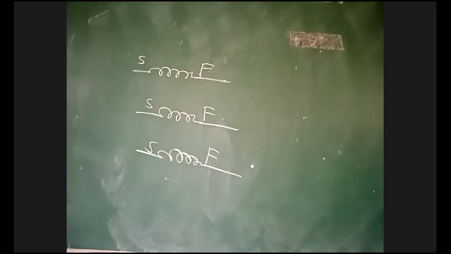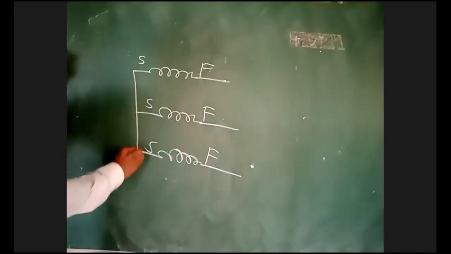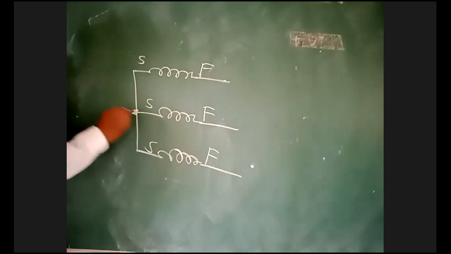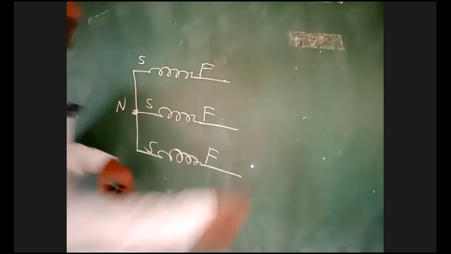If you want to connect it in star, what will you do? All the starting points are connected to neutral.